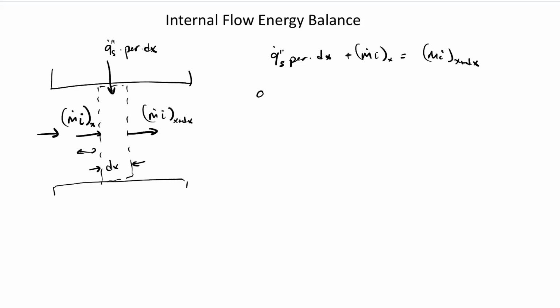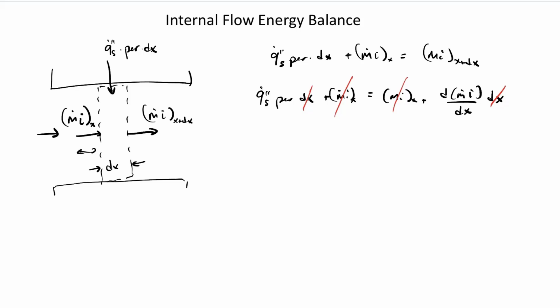Expand that out as we always do. q dot double prime s perimeter dx plus m dot I at x is equal to m dot I at x plus d(m dot I)/dx times dx. Then we can cancel out our dx from both sides.